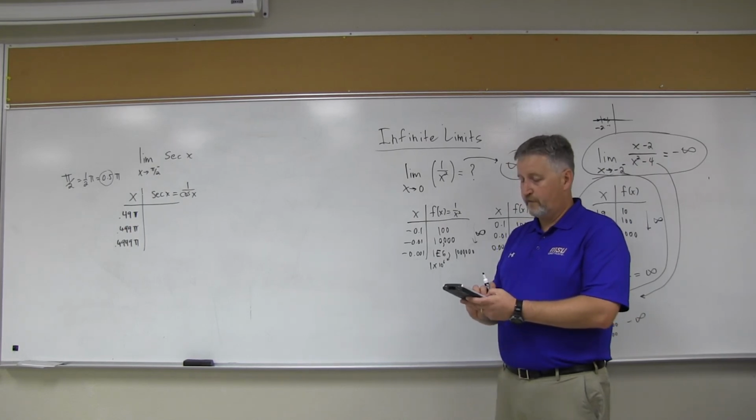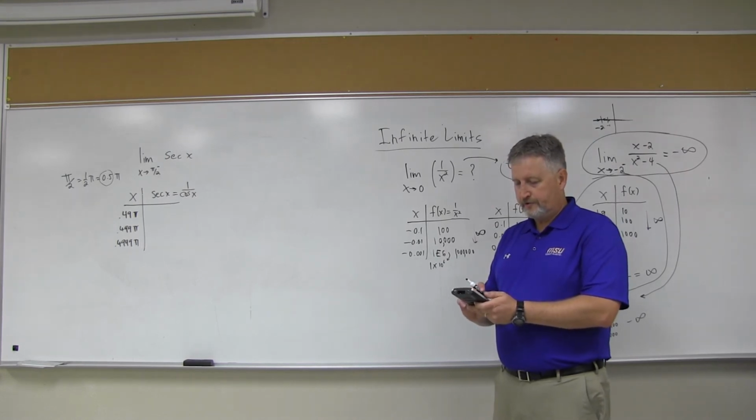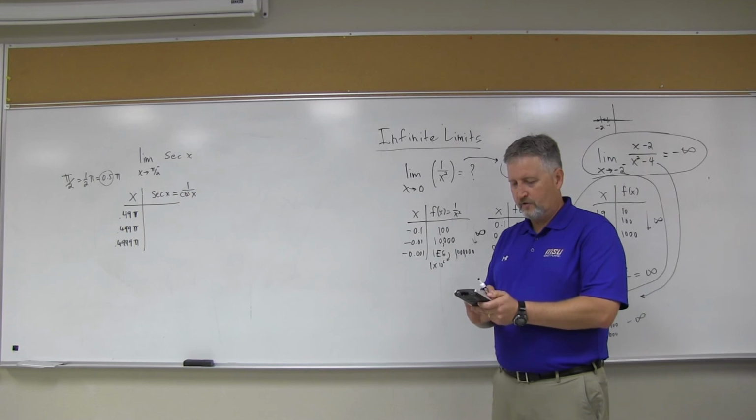And do 0.49 pi. Okay. Go to the table. 0.49 pi, 0.499 pi, 0.4999 pi.